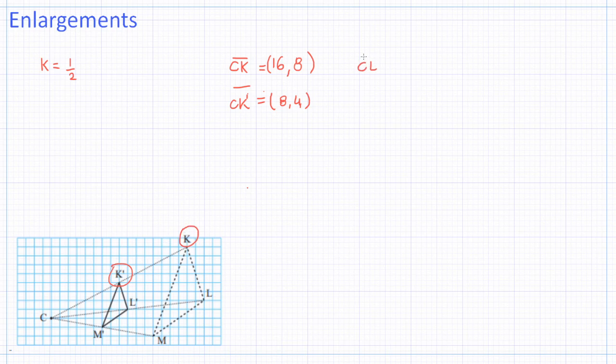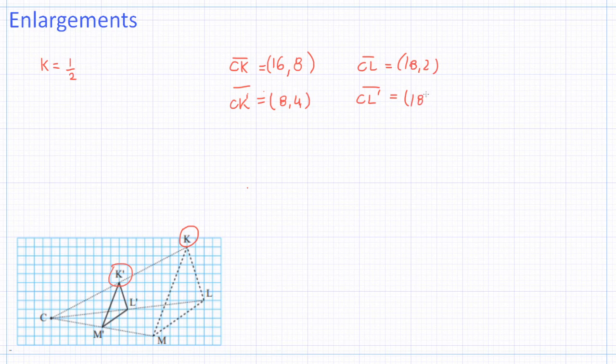If we look for L, what is the coordinate of L according to C? So if we start at C, how do we get to L? We have to go 18 forward and 2 up. So our new CL prime would then be, now it's half, so it's 18 times k, right?